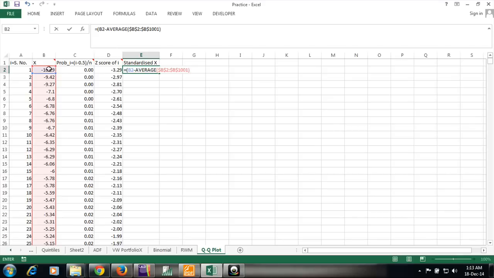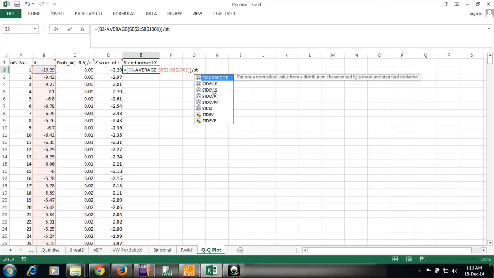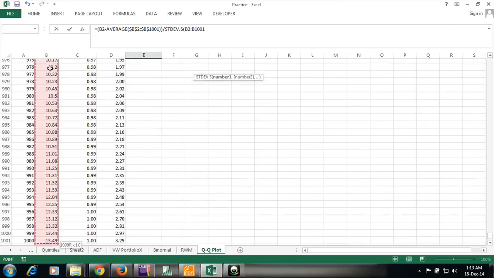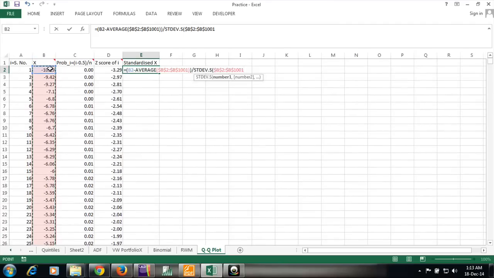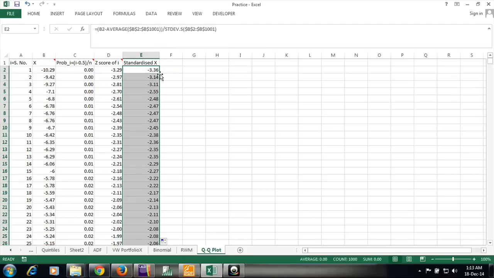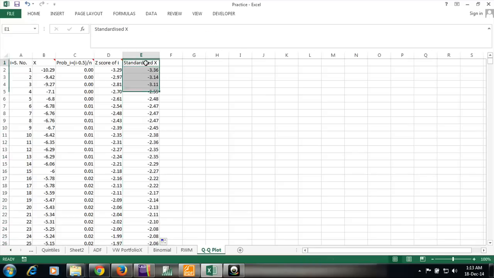Xi minus X bar divided by the sample standard deviation. Again press F4 to freeze it and just drag it down. So now we have our standardized X values and the Z score of I.